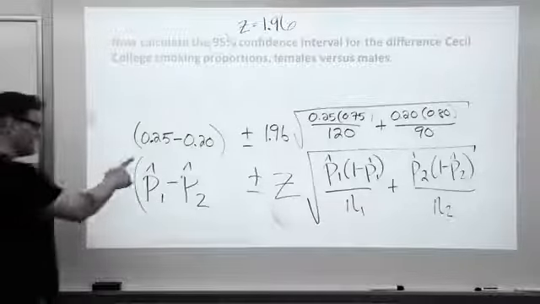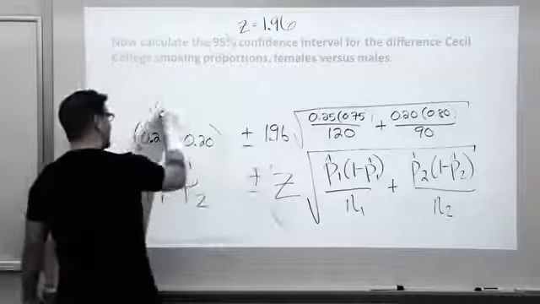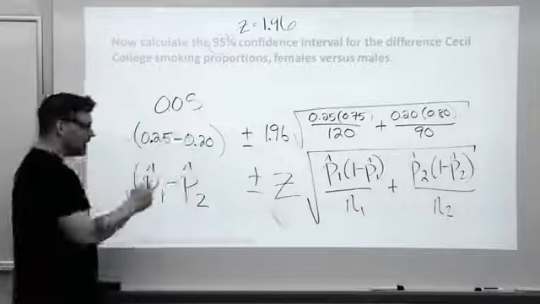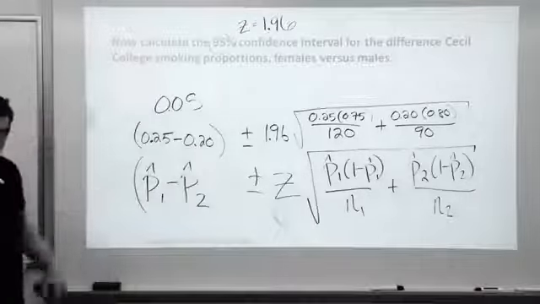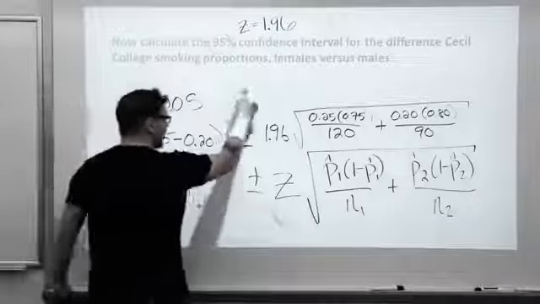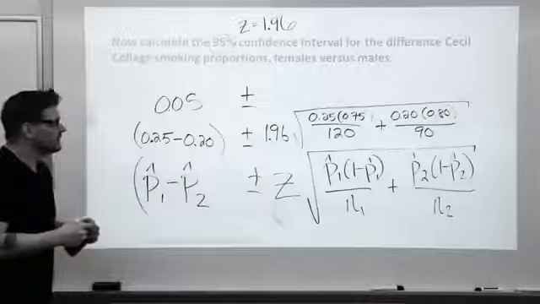I'll make you a deal. I'll do the left-hand side here. You do the right-hand side. Ready, set. All right, I'm done. So that's my best guess for the difference, 5%, plus or minus that margin of error.